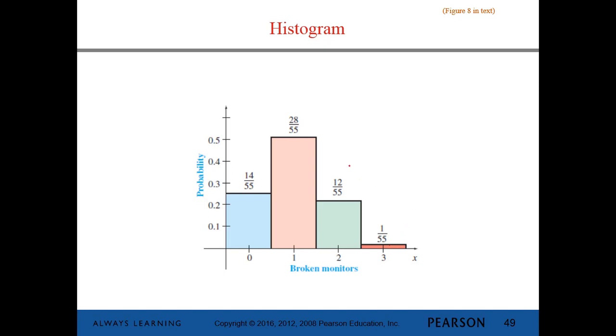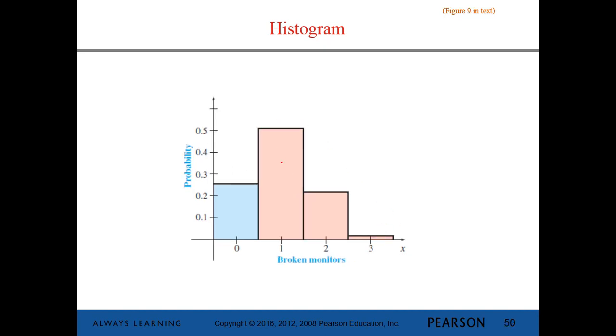So we take this probability and this probability and this probability and add them up. We get 31, or no, excuse me, 41. So you get 41 out of 55. So this shaded region here, this pink, represents the area under the curve that's going to be our probability.